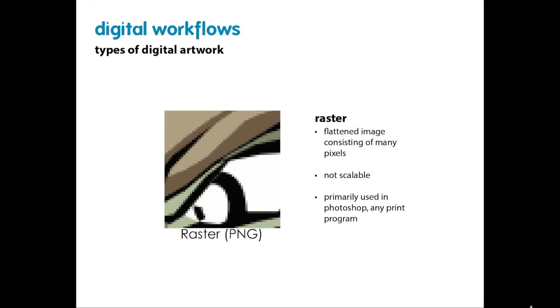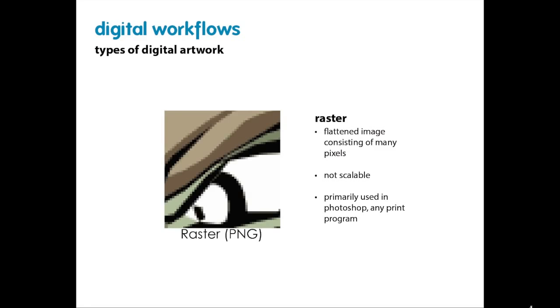Now put this in contrast with a raster, which is a flattened image consisting of pixels. You can see here how there's a jagged, sawtooth look around all of those edges. That's because when you're working with rasters, it's effectively a grid of pixels where each little square has its own color value, and that color value is fixed in space.